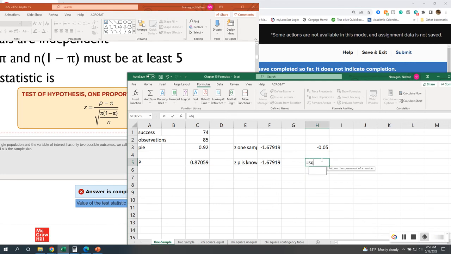Next, our square root of 0.92 multiplied by 1 minus 0.92. So we want to put that in parentheses.